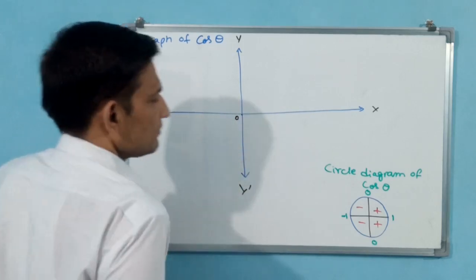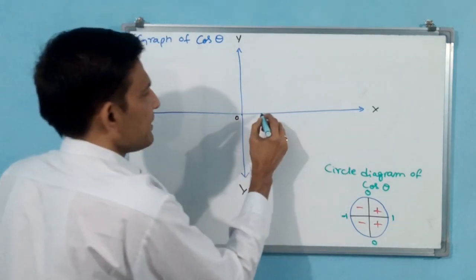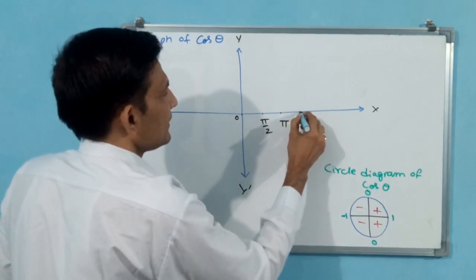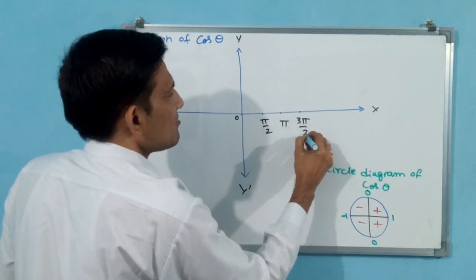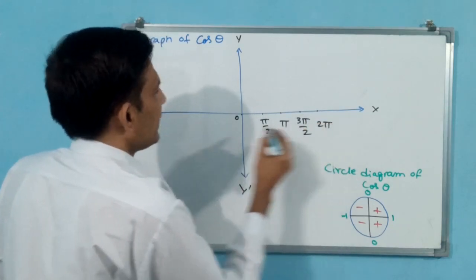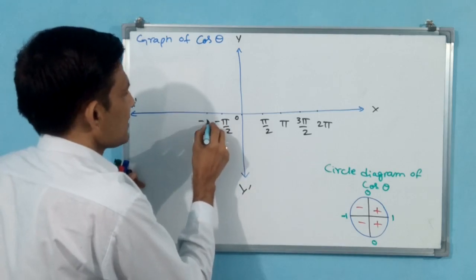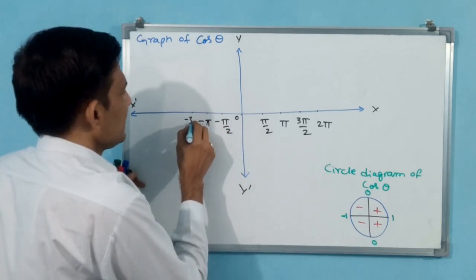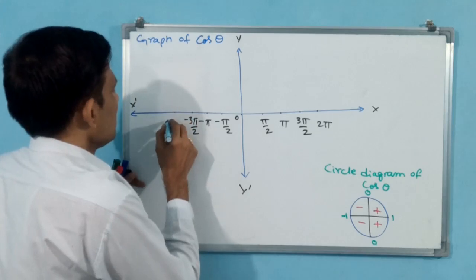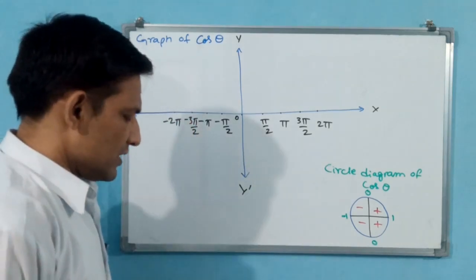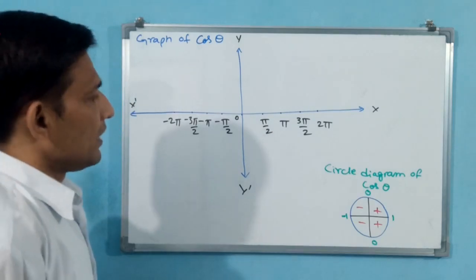This is 0. Now like earlier, we will split pi by 2, pi, 3 pi by 2, 2 pi. Here also minus pi by 2, minus pi, minus 3 pi by 2, minus 2 pi. Same thing we have done earlier. Now let us draw the graph.